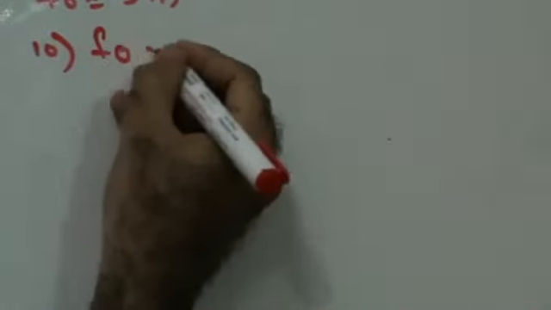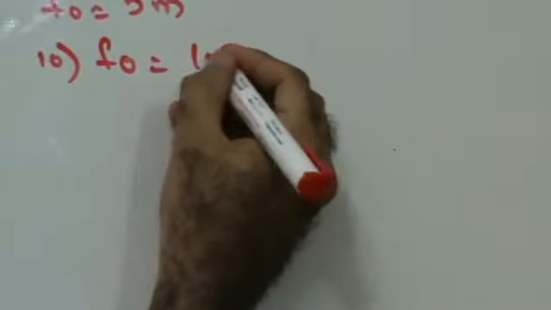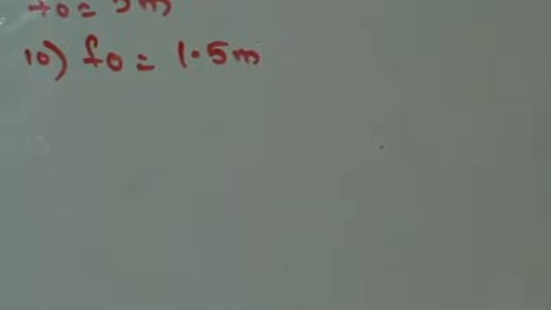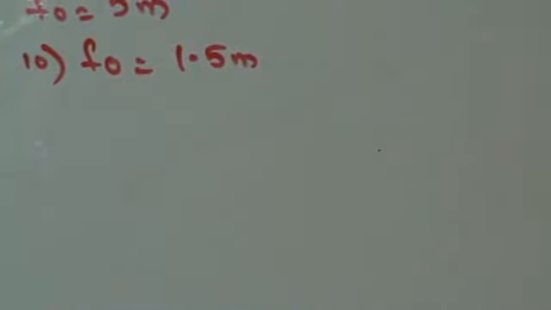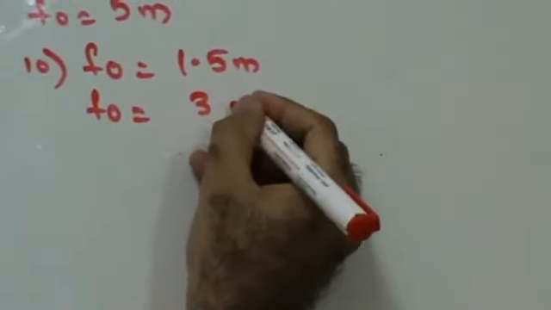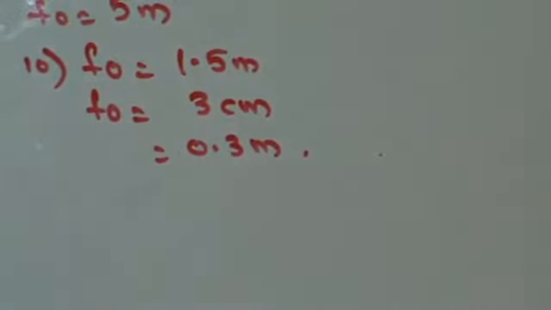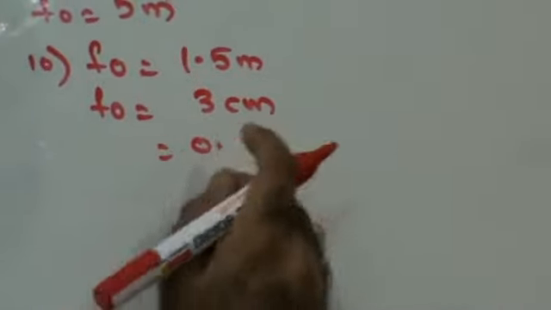A Galilean telescope has an objective of focal length 1.5 meters, and the eyepiece has a focal length of 3 centimeters.